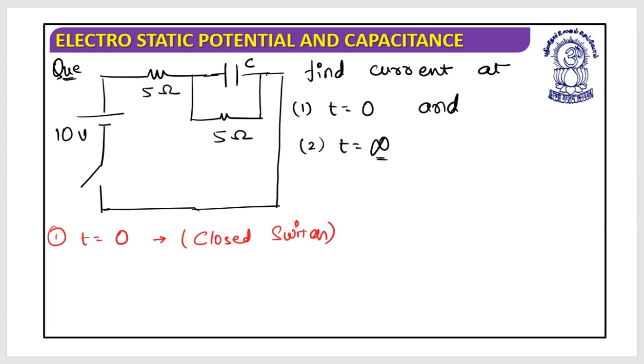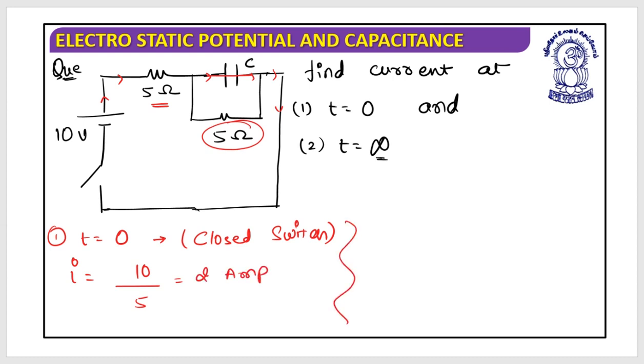So when it is a closed switch, the current should be equal to 10 volt divided by, moving through this only, this is 5, and as it has been connected with this, yes, it is moving through this only, so this 5 ohm resistance has been bypassed. So this is 10 divided by 5, it's 2 ampere.